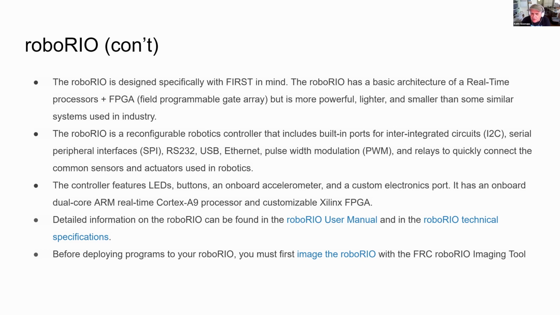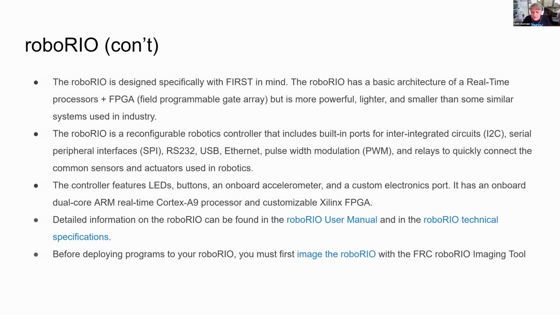At some point, hopefully in 2022, but definitely by 2023, they're going to come out with a new RoboRio that has more memory and is faster, but it's going to essentially be the same basic functionality. The beauty is all the software that we've written over the years will be compatible with not only the existing RoboRio, but the new RoboRio as well. So they're trying to maintain backward compatibility for us.